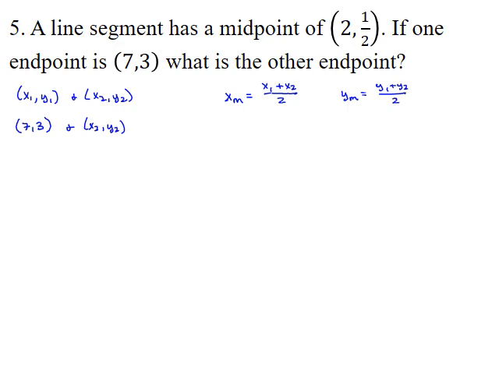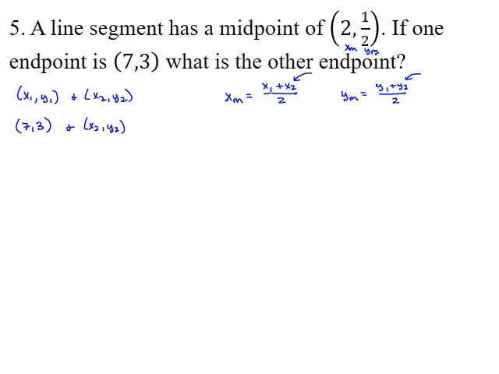We can use each of these individually to figure out what x2 and y2 are going to equal. So what is xm and ym? Well, since (2, 1/2) is your midpoint, we can say that xm would be 2, the x value of the midpoint, and 1/2, which is the y value of the midpoint, we'll call ym.